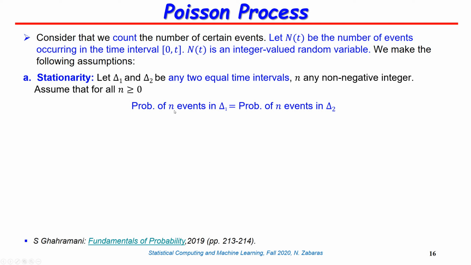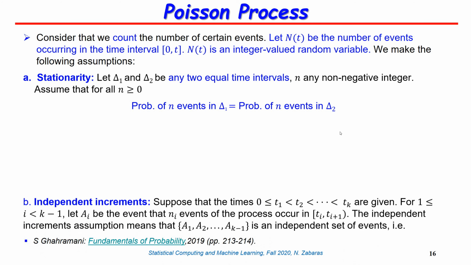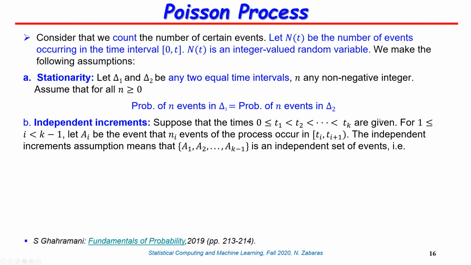The probability of observing n events in delta 1 is equal to the probability of counting n events in delta 2. So if I have 2 equal intervals, the probability of seeing the same number of events in those 2 intervals is the same. Obviously, you can extrapolate why we call this the stationarity property. So that's property 1. Property 2 is what is called the independent increments property.